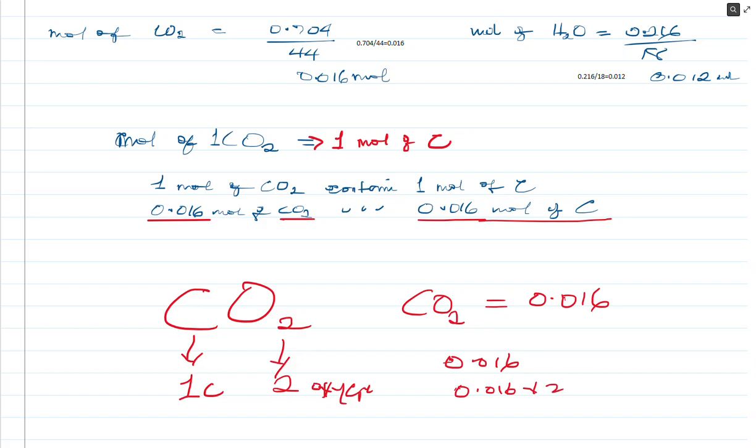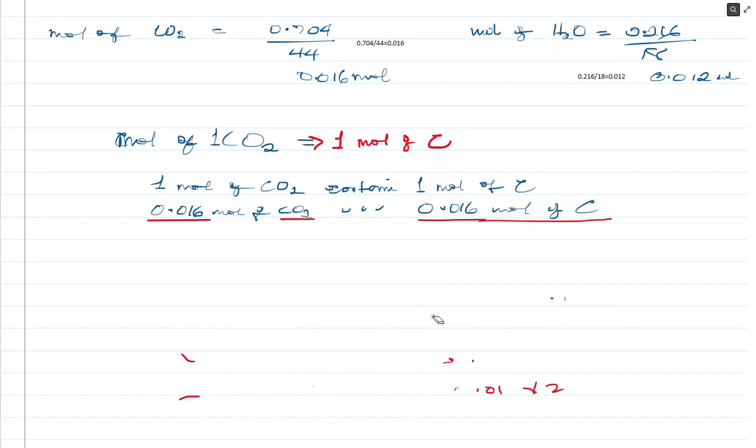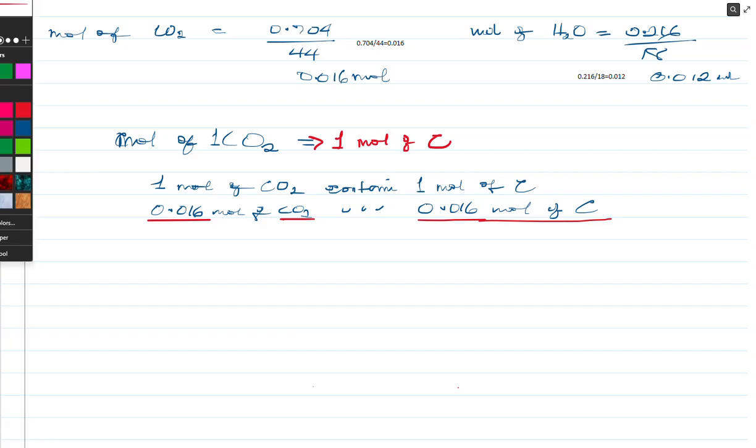We leave that alone. We got the mole of carbon, but we need the mole of hydrogen, so we'll get that from water. I'm going to get the mole of hydrogen from the mole of water.